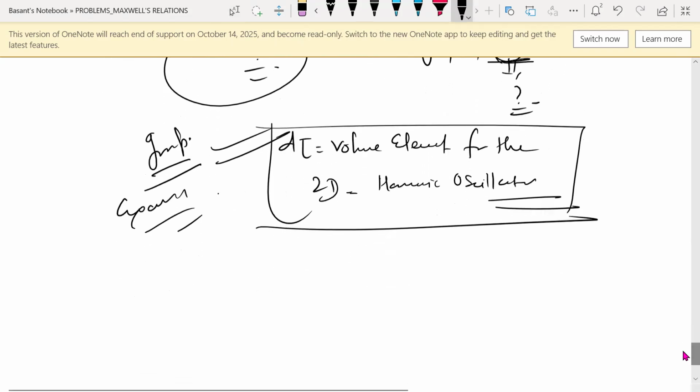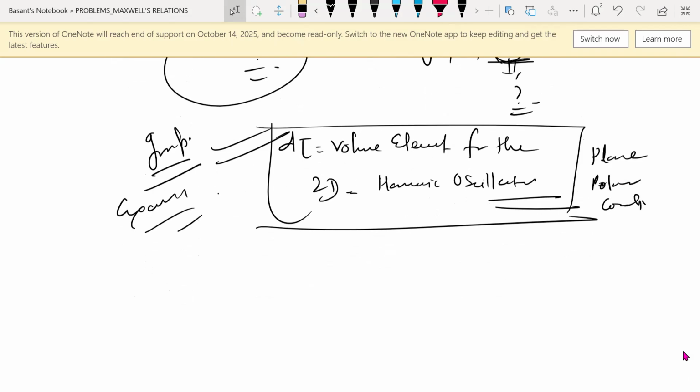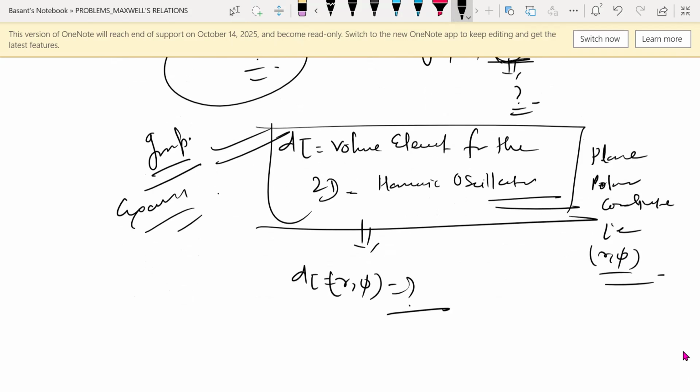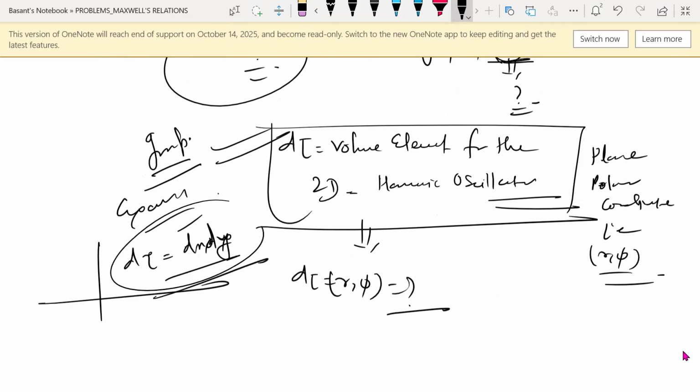In plane polar coordinates, that is in r, phi. So now we are going to represent d tau in r, phi terms. Because in the xy plane, this is simple. d tau in Cartesian coordinates is simple, dx into dy. Nothing else. But I have to represent this in r, phi terms. So what is the value?